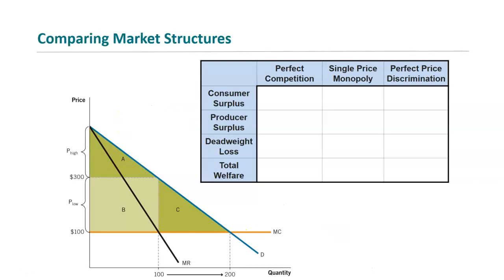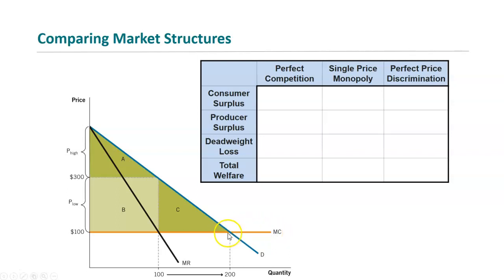So speaking of surplus, let's look at how this all shakes out, comparing market structures. In perfect competition, the market will go to a point where quantity supplied equals quantity demanded, the market equilibrium, which in this case is right here, because remember that marginal cost is the same thing as supply.